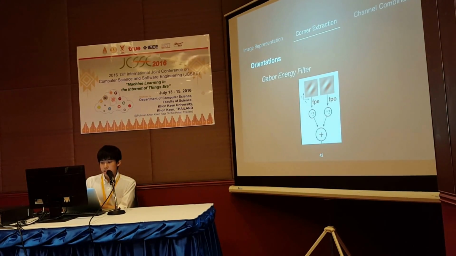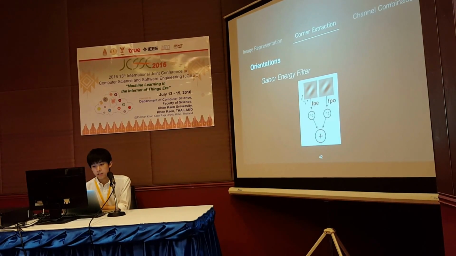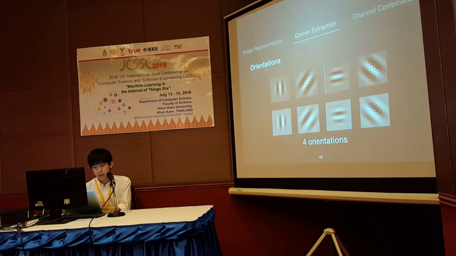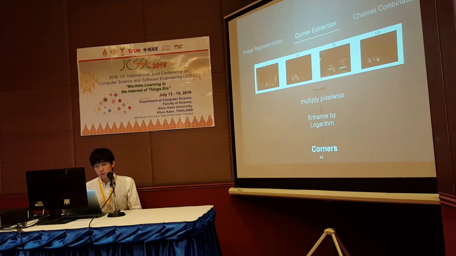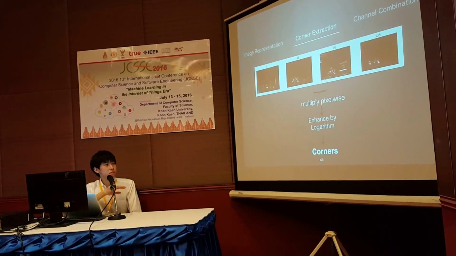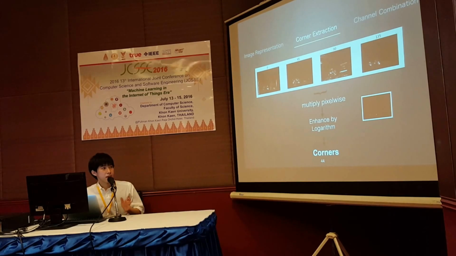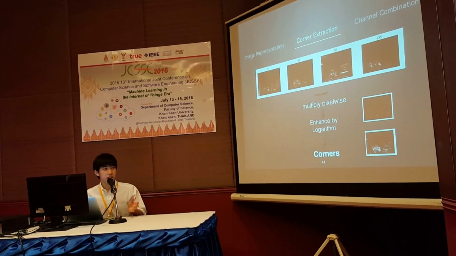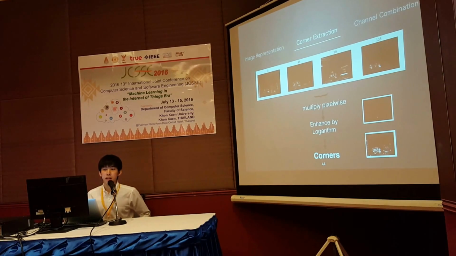In the corner extraction stage, we extract 4 orientations using a Gabor energy filter. And for each channel, we simply multiply them together pixel-wise to get a corner response, and then apply a logarithm function to enhance the response in order to extract the corner feature map.